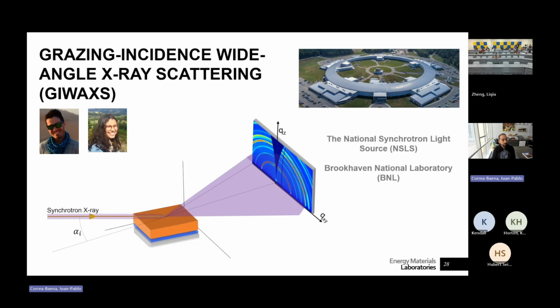We have angles of 0.1 or 0.01 degrees, so really, really shallow. That can only be done at really long distances. So we have this huge line, meters and meters of length, where we shine the X-rays, and those X-rays then bounce off and create some signal. That signal tells us something about the structure at the surface.